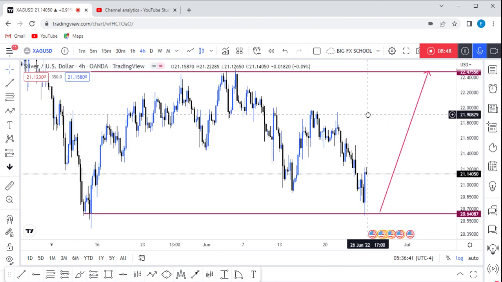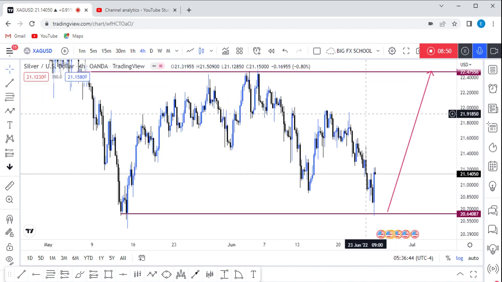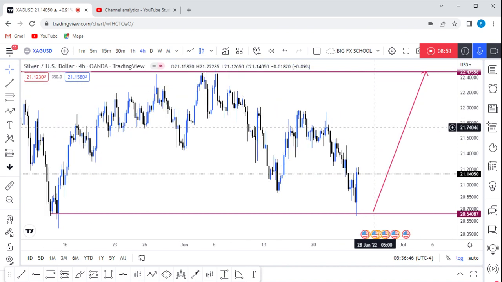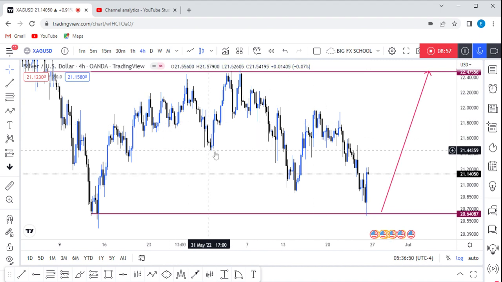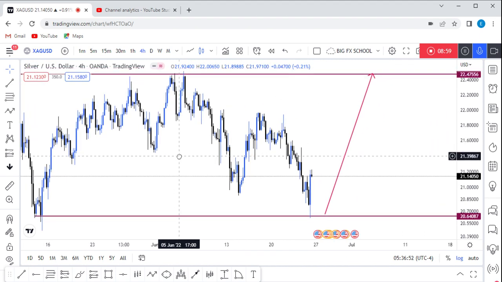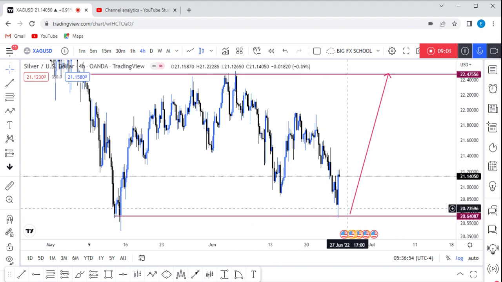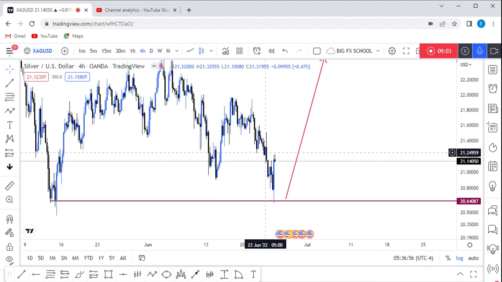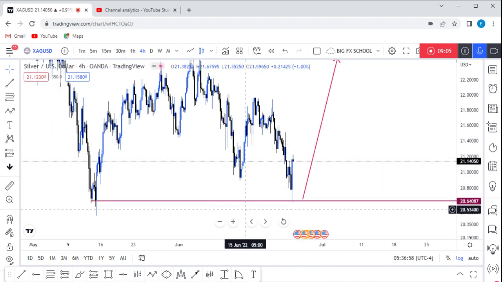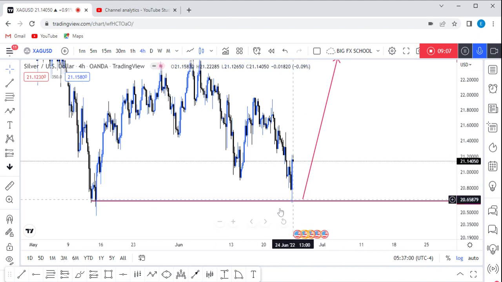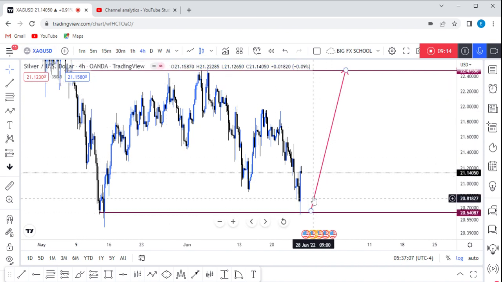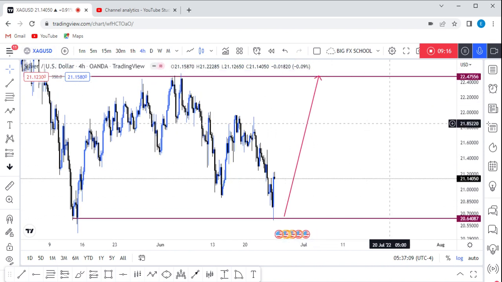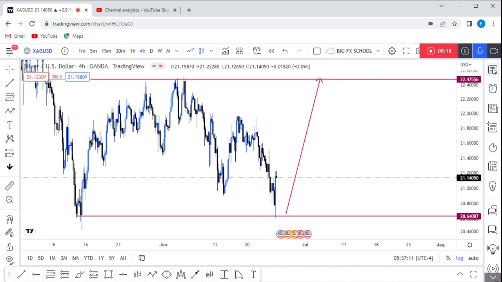I know they have correlation in their movement. But for me, here I see the end of the trend, but gold not yet. So for my swing trade, I will wait for silver to turn back at this level, then I take my long trade.